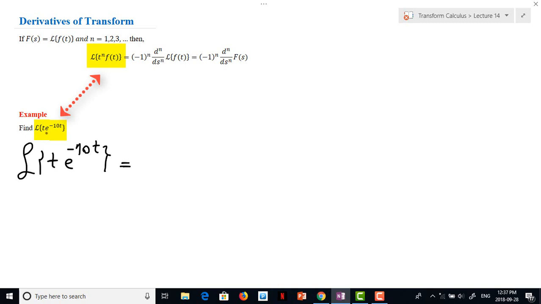Here we have t times e to the power of minus 10t. As a result, n is equal to 1, and f(t) is equal to e to the power of minus 10t in our example.